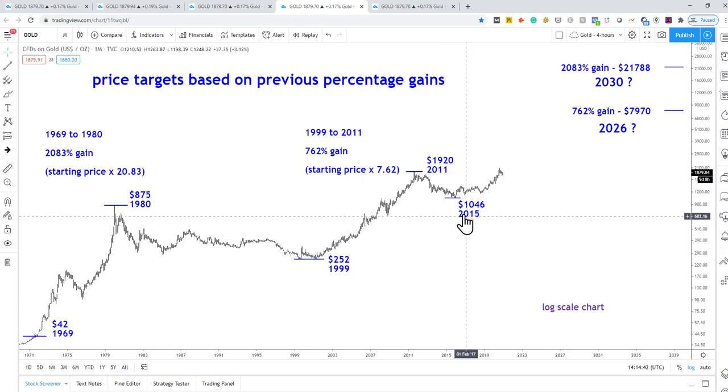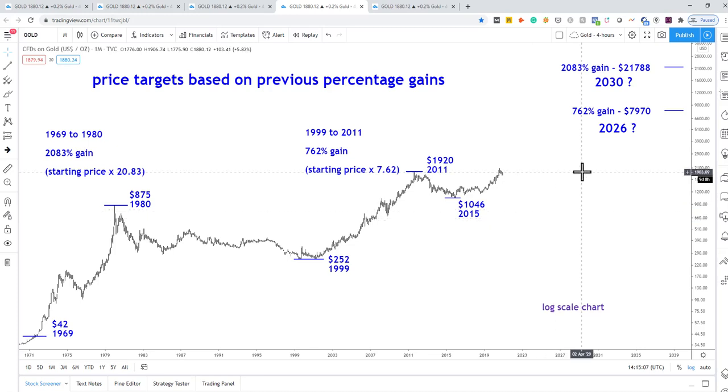Now, again, I believe that price in gold bottomed in 2015 at 1046, and that now we're in the next up leg of a secular bull market in the precious metals. And so now we're going to do this part of the chart, we're doing prediction.